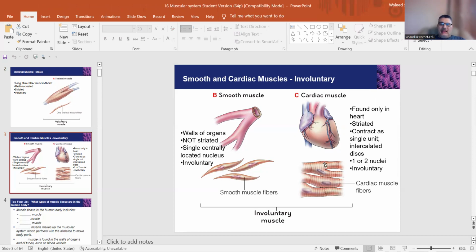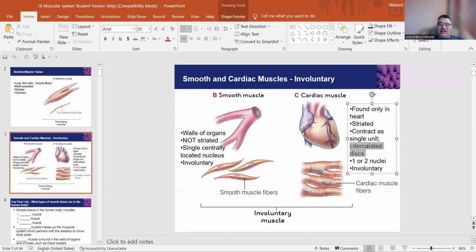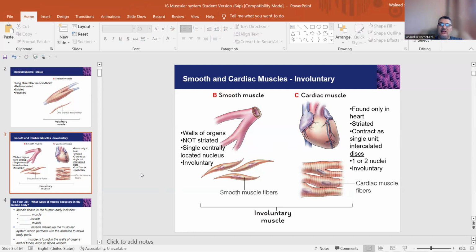One more thing that is very, very important, and this is something unique that you need to know, which is it contains something called intercalated discs. Intercalated discs. This is unique. And because it's unique, you have to remember it. What's intercalated discs? All these muscle fibers, there is a disc connecting them together so that when the electrical signal comes, the whole heart, or at least the whole chamber, contracts as one unit.